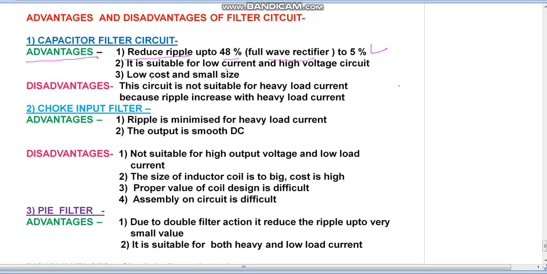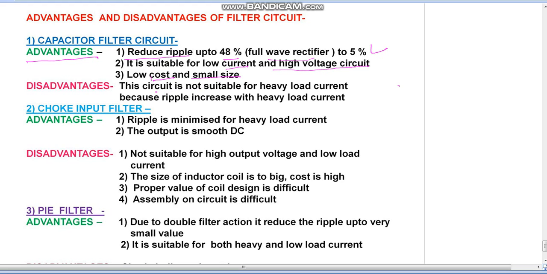It is suitable for low current and high output voltage circuits. That is the second advantage of the capacitor filter circuit. And it is a low cost and small size circuit. Those are the advantages of the capacitor filter circuit.